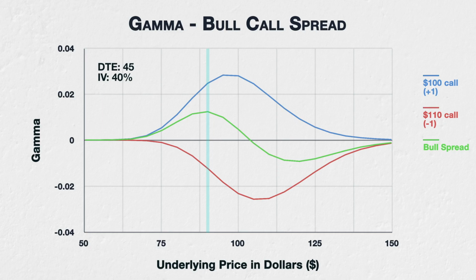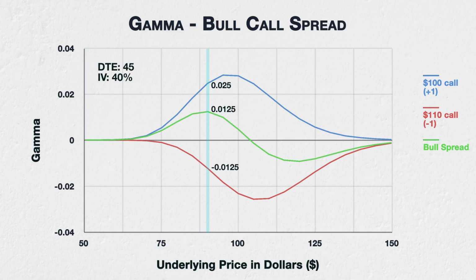If we take the underlying price of $90 as an example, the long $100 call has a gamma of 0.025, and the short $110 call has a gamma of minus 0.0125, which means the spread has a total gamma of 0.0125. The gamma is positive, meaning if the underlying price is sitting at $90, the delta of the spread will currently increase if the underlying price increases.